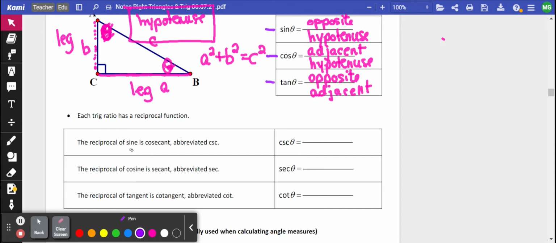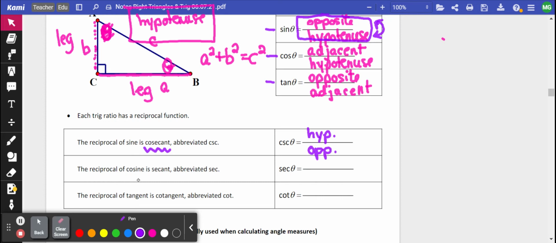So the reciprocal of sine is called cosecant, and we abbreviate it CSC. So cosecant of theta will be hypotenuse over opposite. Look, sine was opposite over hypotenuse. So for cosecant, you just flip these two.